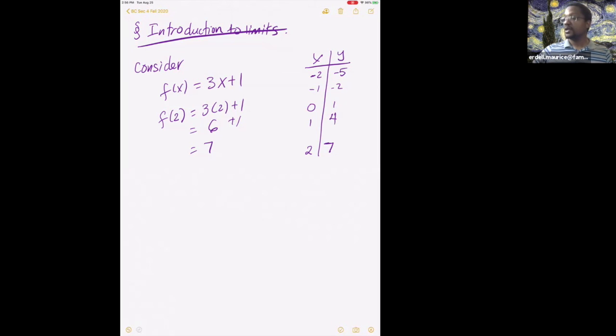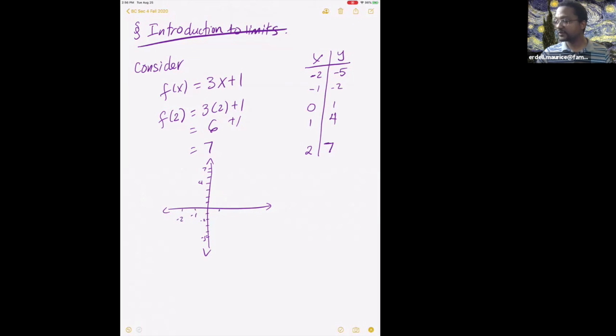If I was to graph this out on some beautiful axes, see how beautiful my axes are? 1, 2, 3, 4, 5, 6, 7. 1, 2, 3, 4, 5. -2, -5, -1.